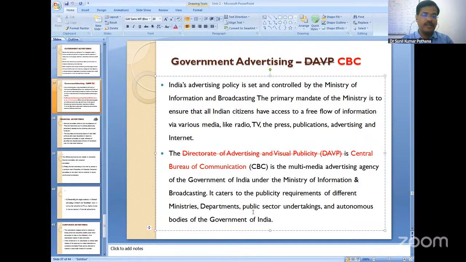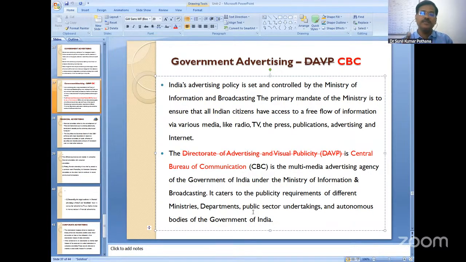So earlier the title was DAVP. In the textbooks you have DAVP, but changes were made in 2023. The textbook was prepared in 2017 or 2018, when DAVP was one unit, but now all these other units are included and became the Central Bureau of Communication.